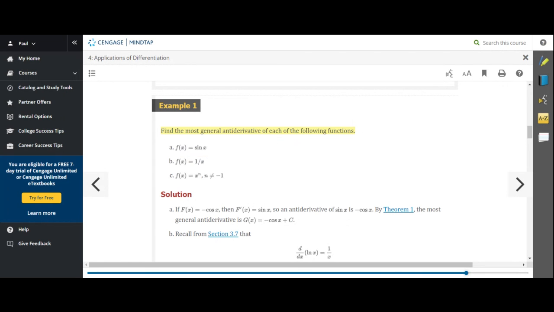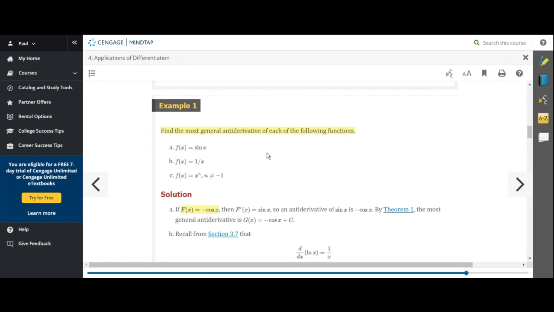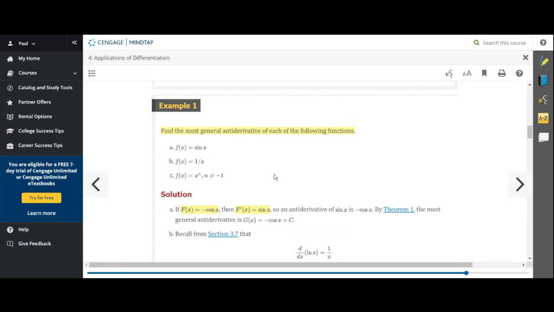So for a, the antiderivative of the sine is minus cosine, because if you take the derivative of the minus cosine, you're going to get -1 times negative sine of x, which is the sine of x. Therefore, the general antiderivative is negative cosine of x plus c.